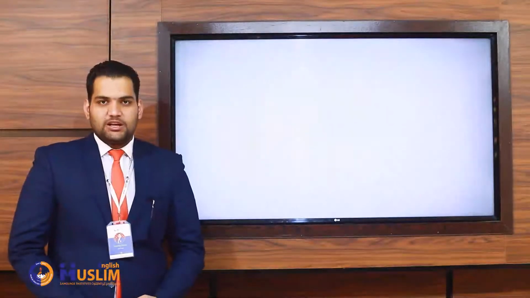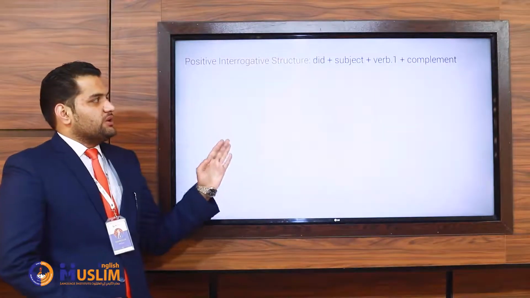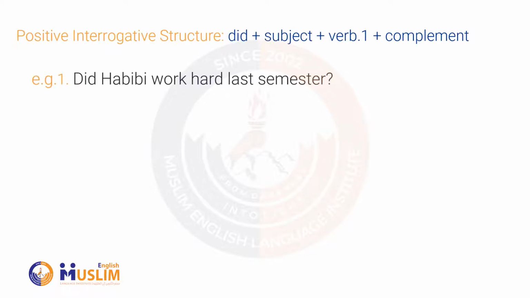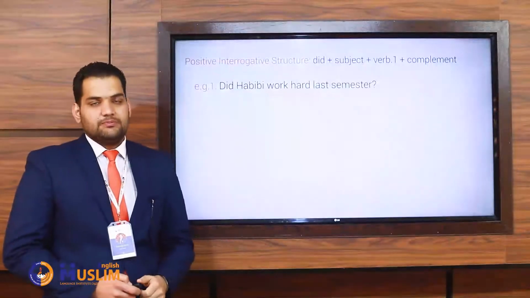Okay, now let's talk about the positive interrogative structure. So here we use did at the beginning of the sentence, then we have subject plus, again, verb 1 plus the complement, and do not forget a question mark. So, for example, did Habibi work hard last semester? And then a question mark.